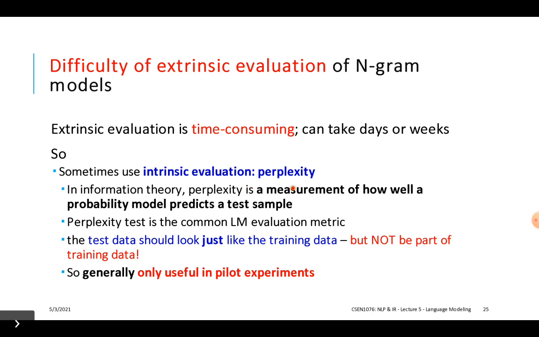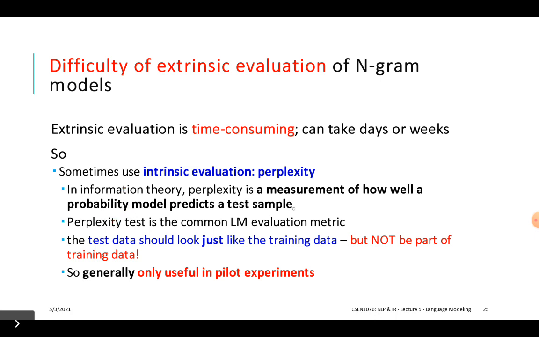So perplexity is a measurement of how well a probability model predicts a test sample. That's a formal definition of perplexity. In informal words, perplexity is how confused you are when you read a sentence. So this confusion we can translate into a probability model.